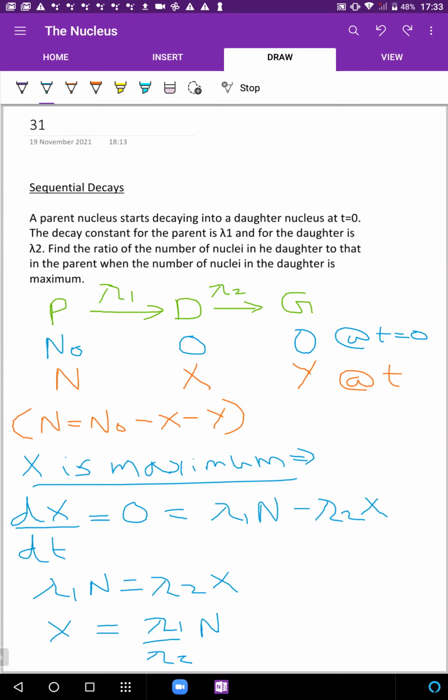So if they give you n naught and y, then the question makes sense. You think the previous question can also be solved? Puna, why don't you unmute and let's quickly discuss if the previous question can be solved without y. So you're saying y can be written in terms of x. I think it would be a complicated differential equation to find y in terms of x.